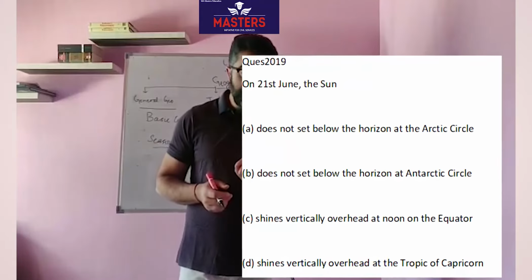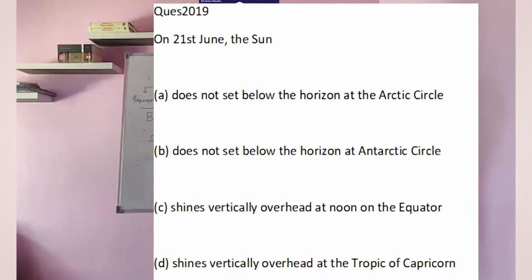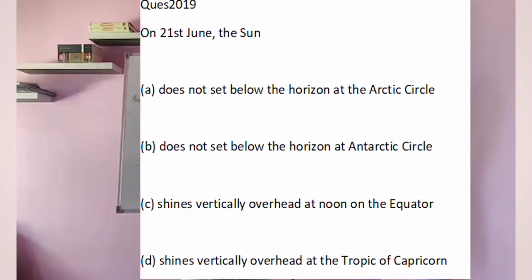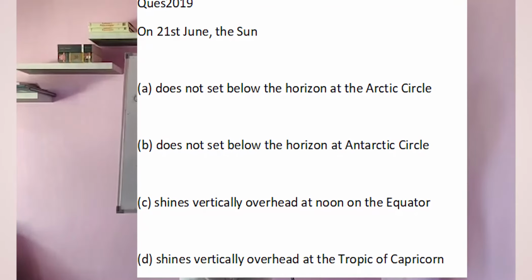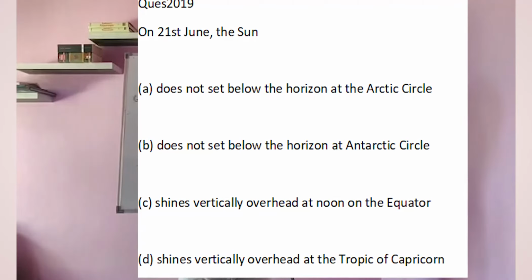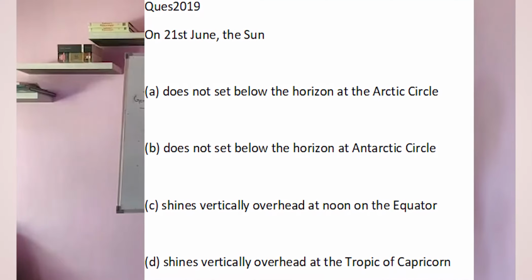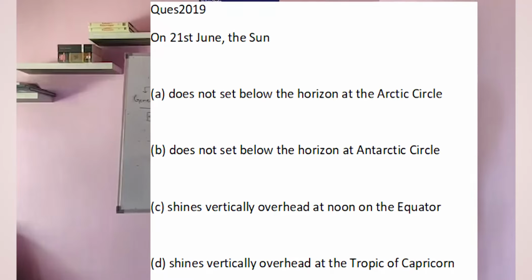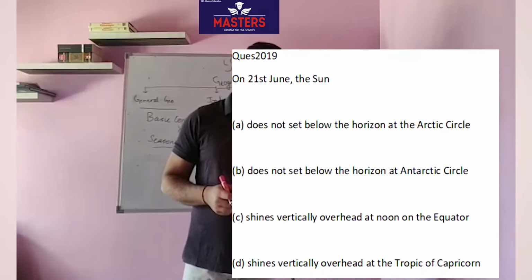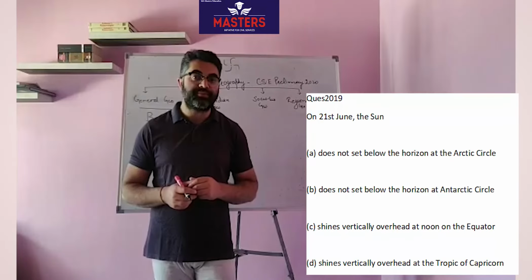On 21st June, the sun: option A, does not set below the horizon at the Arctic Circle; B, does not set below the horizon at the Antarctic Circle; C, shines vertically overhead at noon on the equator; D, shines vertically overhead at the Tropic of Capricorn. This is last year's question.